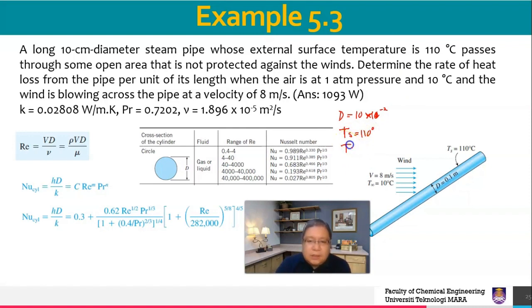You have T surrounding at 10 degrees C. The pressure is ambient pressure, and the wind speed V equals 8 meters per second, and L is basically 1 meter, because they want it per unit length, so that is why L ends up as 1 meter.